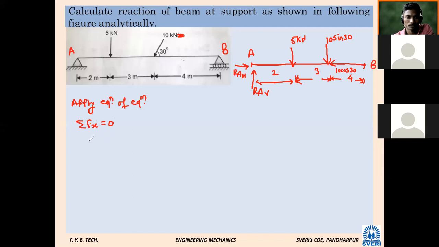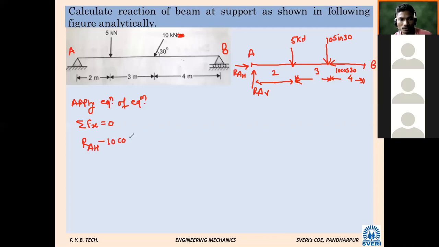Plus RAH. Then 10 cos 30, plus or minus? Minus 10 cos 30 equal to 0. From this, what is the value of RAH? 10 cos 30, which is 8.66 kilonewton.